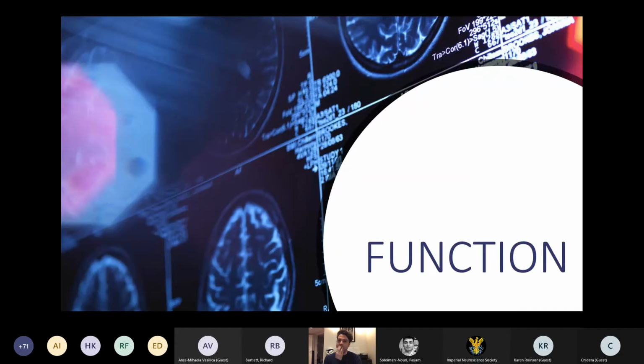So a very short part on function before we get on to our pathways. You may read around the function of the basal ganglia, and most books nowadays will talk about the motor component, i.e. the modulatory motor part of the basal ganglia in coordination with the cerebellum.